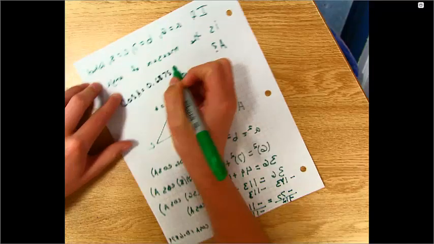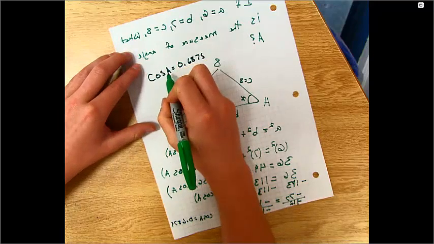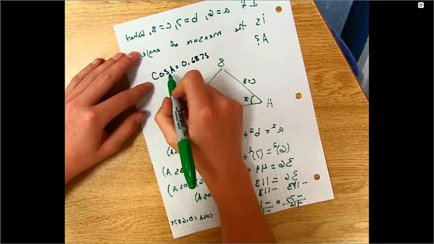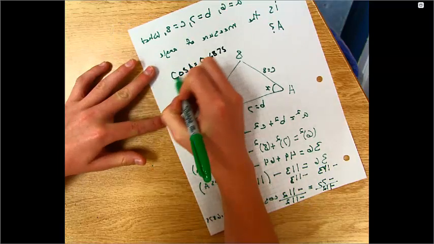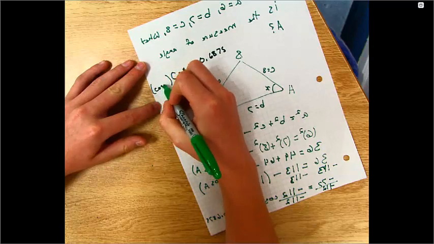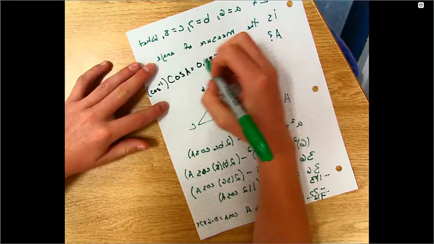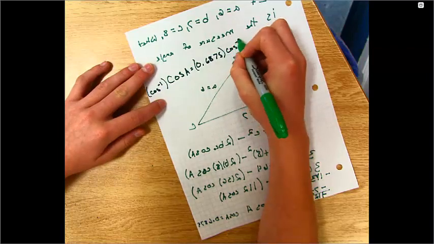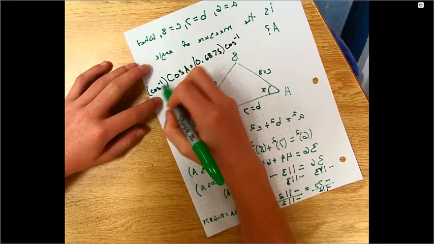Okay, and now you want to get A alone because you're trying to find out what that value is, so you have to get rid of cosine. The only way to get rid of a cosine is to apply the inverse of cosine, and you have to do to one side what you do to the other, so cosine inverse on this side as well. So these cancel out.